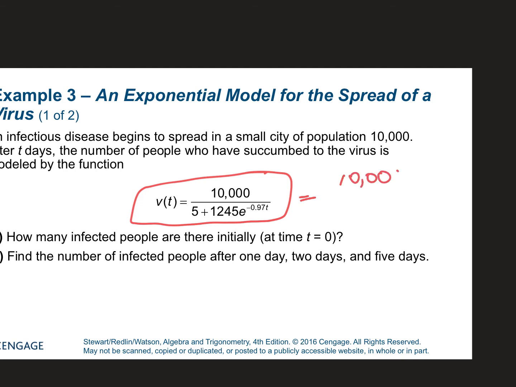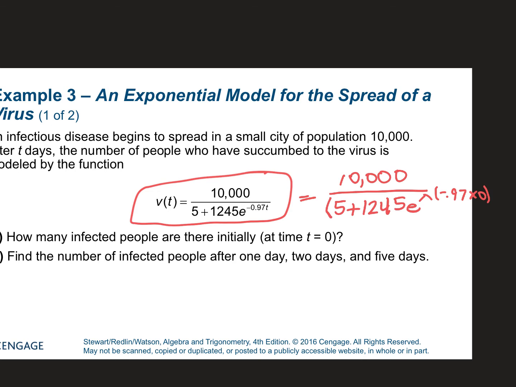If you're going to do all this in your calculator at one time, this is how you need to enter it. 10,000, then you hit divided by, then you have a parenthesis, 5 plus 1245. Hit your e button. Then when it raises the e, a parenthesis will come up. You have negative 0.97 times 0.